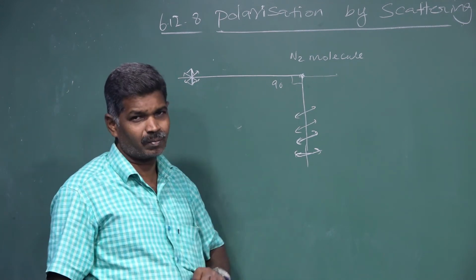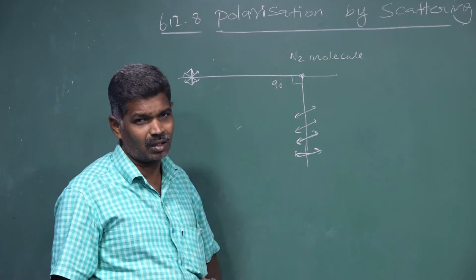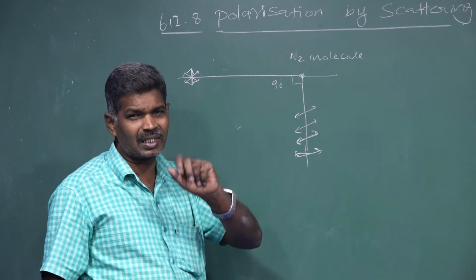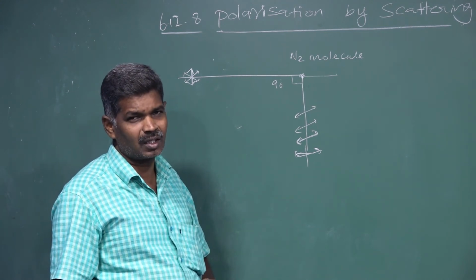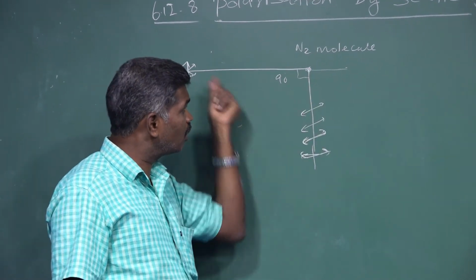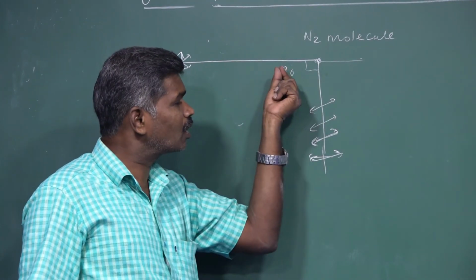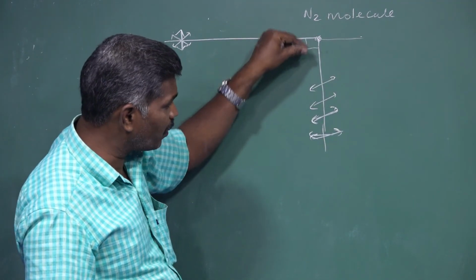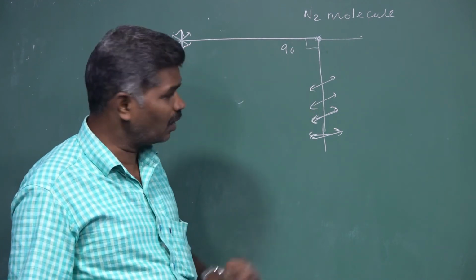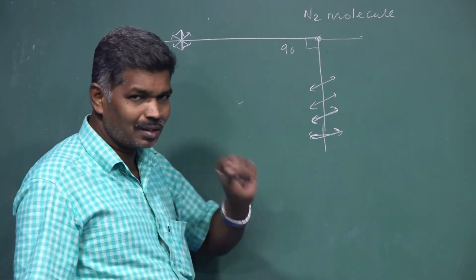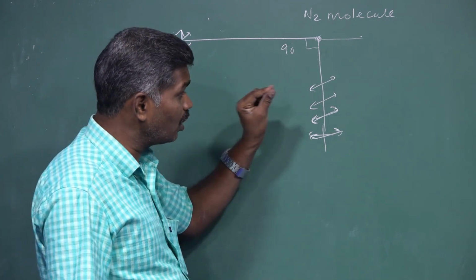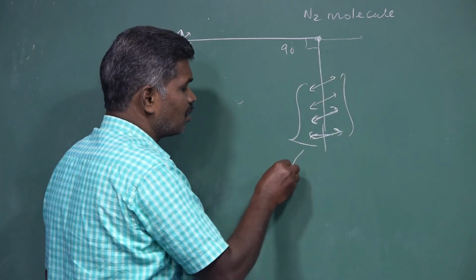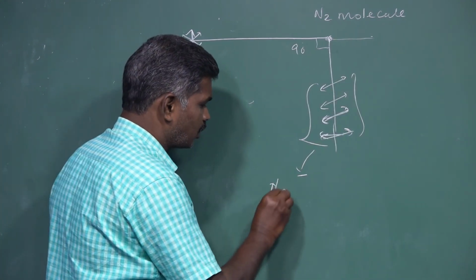In that action, the electrons in the molecules vibrate in two directions: one perpendicular to the incident direction and another parallel to it. The vibration perpendicular to the incident direction emits light which has only one direction of vibration. That's why it is called plane polarized light.